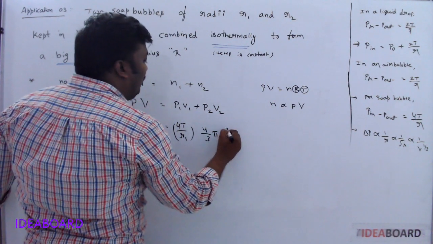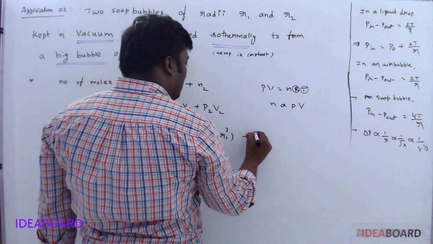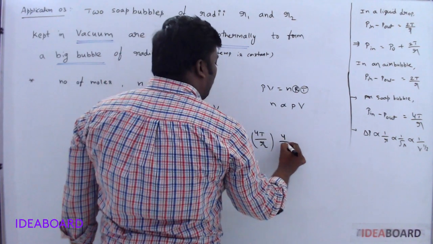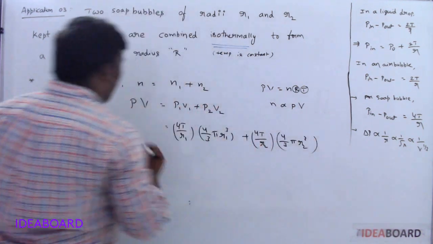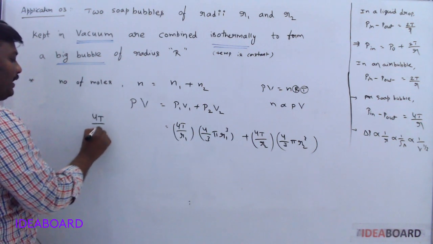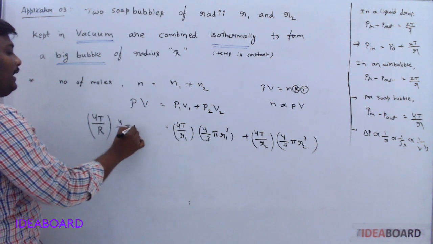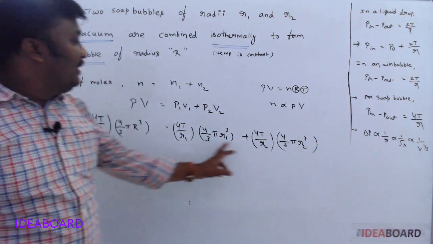So 4T by R1 times the volume of the soap bubble 4/3 pi R1 cube, plus 4T by R2 times 4/3 pi R2 cube, is equal to, for the bigger bubble, 4T by capital R times 4/3 pi capital R cube.